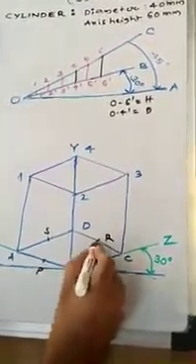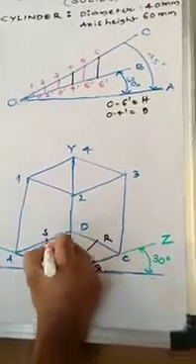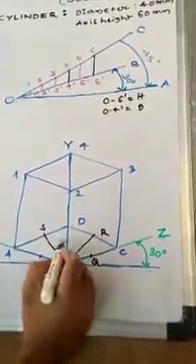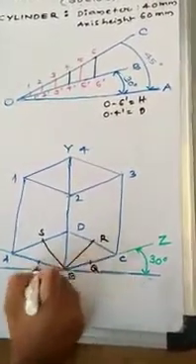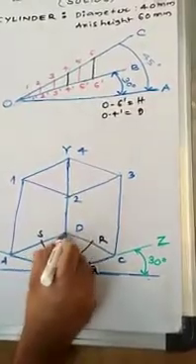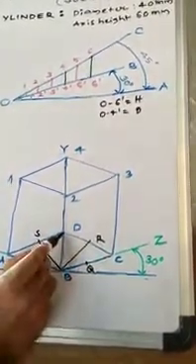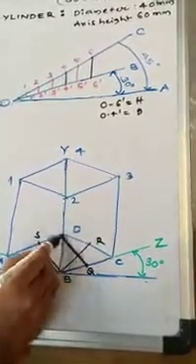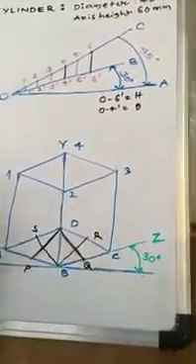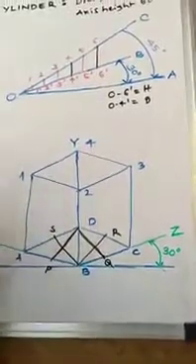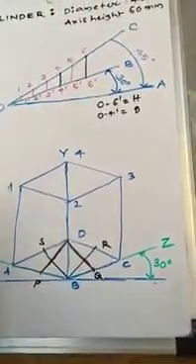B R, B S, D P, D Q. The 4 center method means I am using 4 centers now.